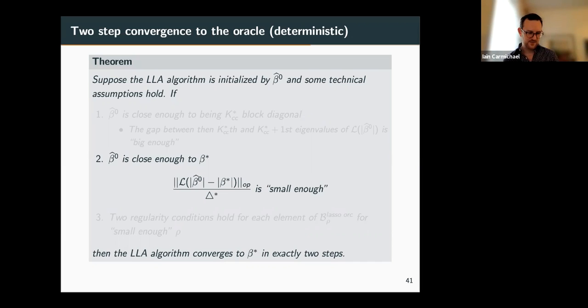Learning block diagonal structures is like a clustering problem, so I think of this as maybe a regression problem with a clustering problem embedded within it. I'm sure neuroscientists could come up with examples where you want to regress on brain connections where you think there might be a block structure. But I don't yet have immediate data applications in mind. I'm very interested in that as a next step, actually applying this on real data. Okay, thanks.